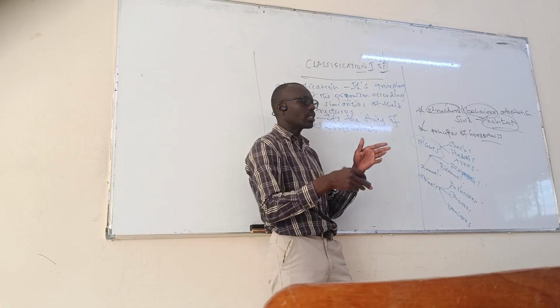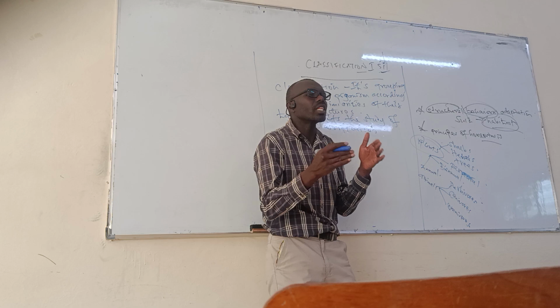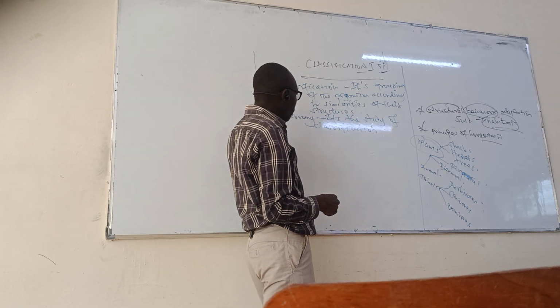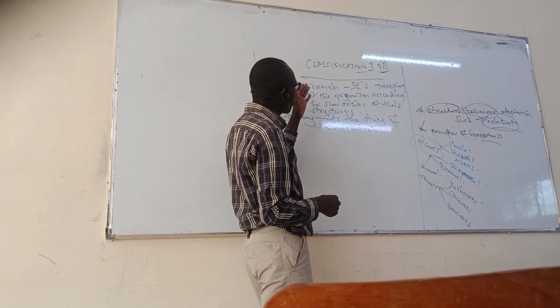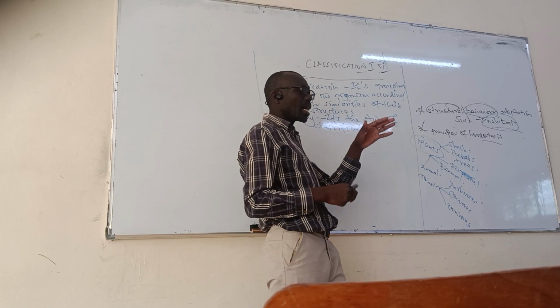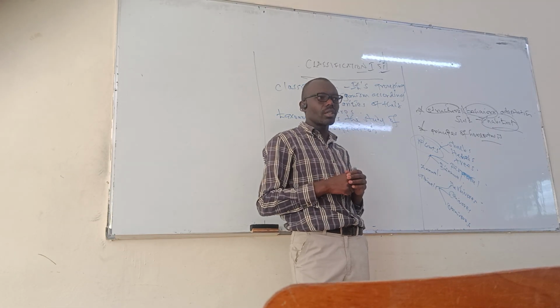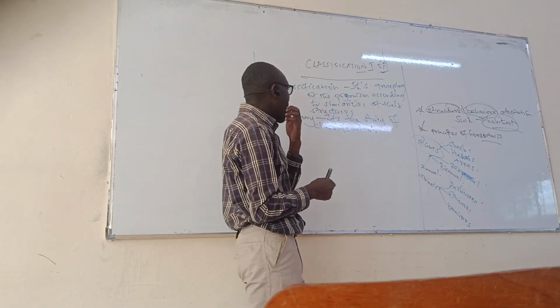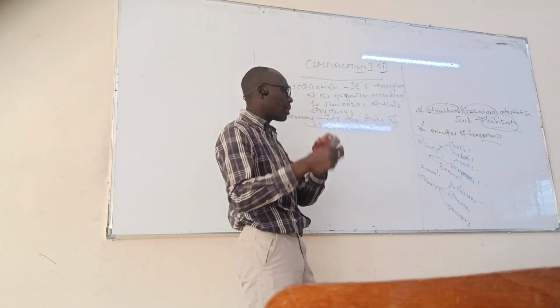No, we are looking at the similarities of the structures. So classification is grouping of the organisms according to the similarities of the structures. So those organisms with similar structures are placed in one group, and those with different are placed in different groups.